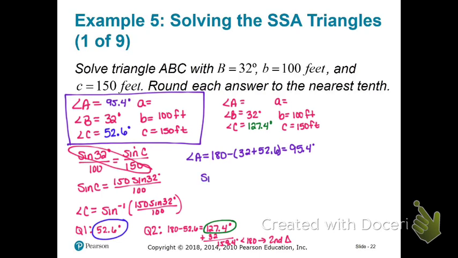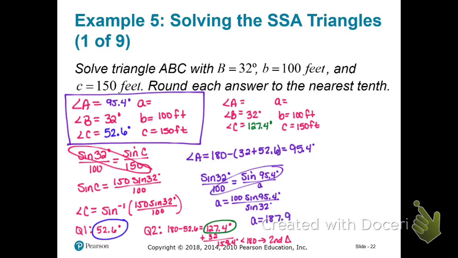So we know that sine of 32 degrees over 100 is equal to sine of 95.4 degrees over side A. All right, you said 187.9 feet, right?